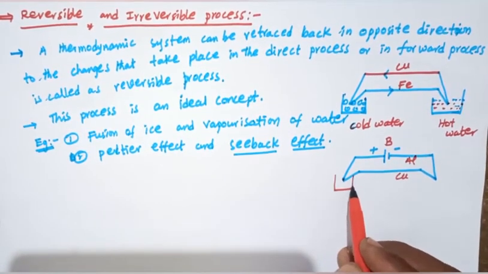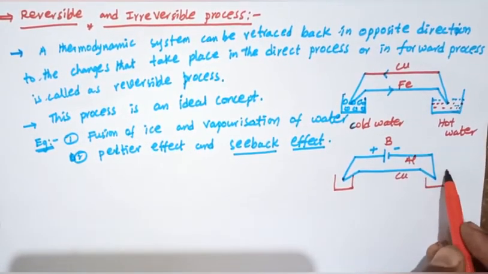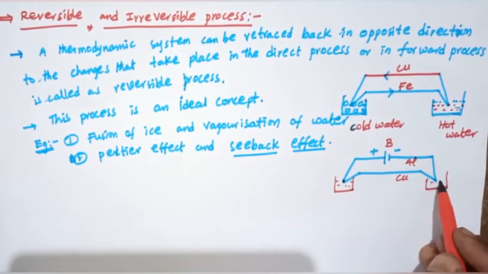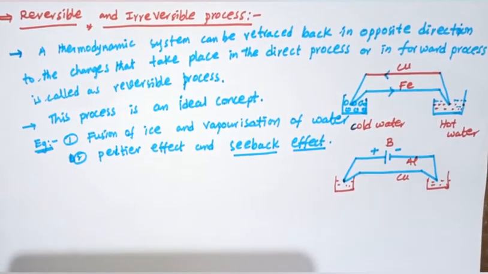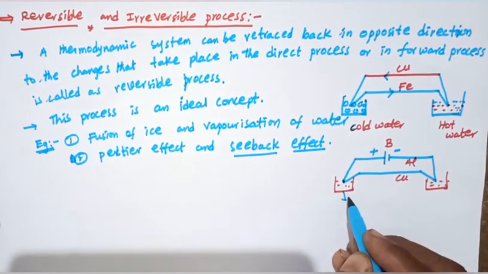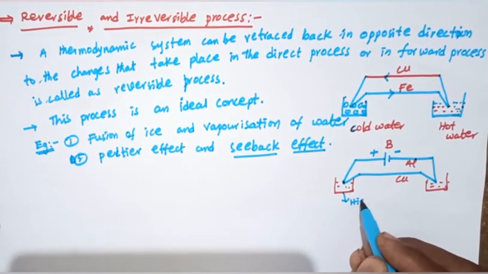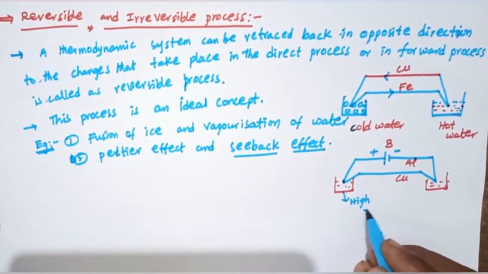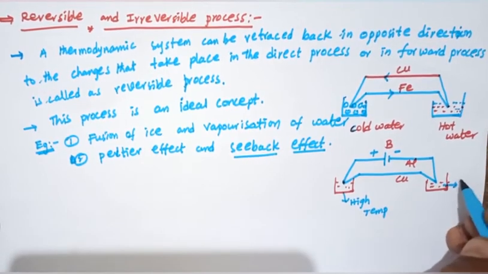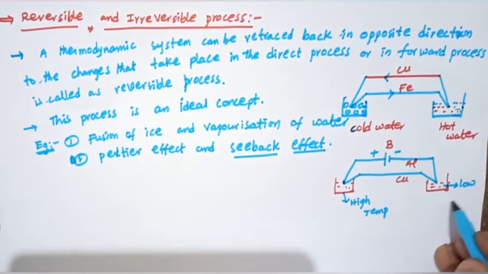One junction is at high temperature and the other is at low temperature.